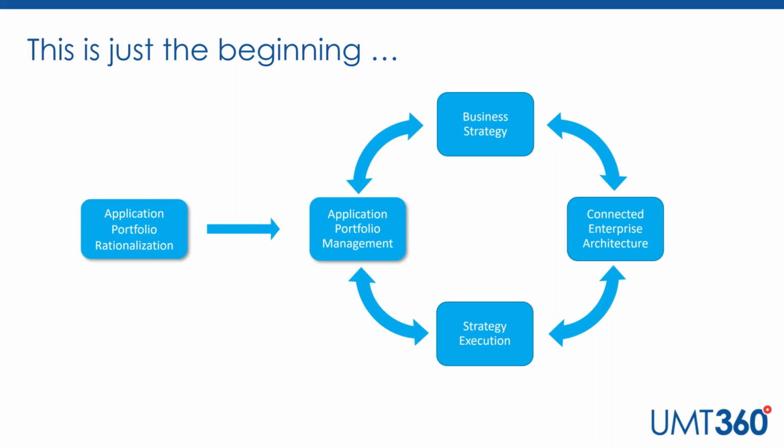So doing the portfolio rationalization on its own, great, good start. But it really needs to contribute to application portfolio management, which will then be continuously feeding off the business strategy and the strategy execution. It will be driven by the connected enterprise architecture, all of these.